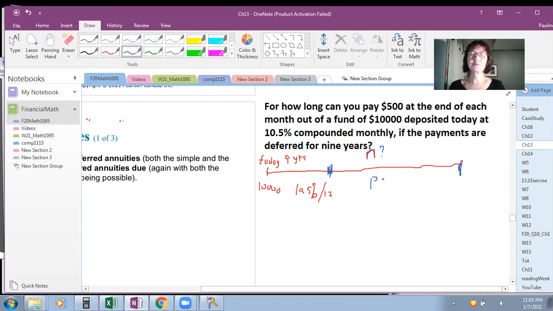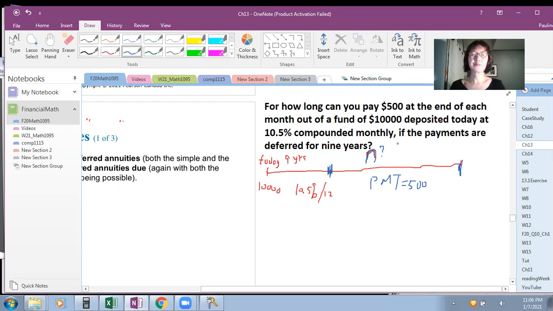PMT equal to 500. So for this question, we are asked for term N for this annuity.